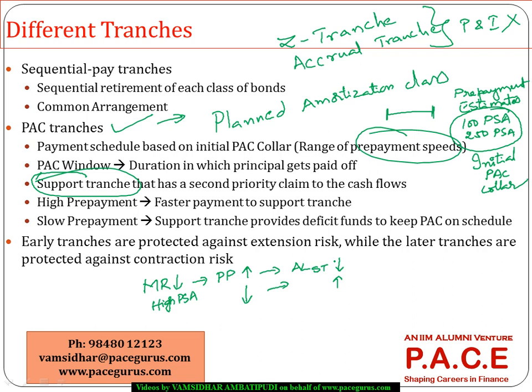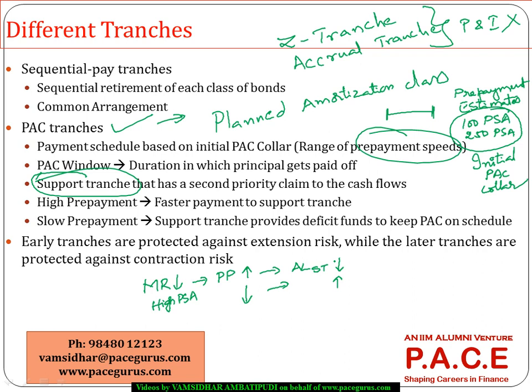If the prepayment speed is increasing, prepayments will increase, and if the PSA is much lesser, the prepayment will decrease. Because prepayments are decreasing, the support tranche might have to fund the pack tranche, which means the average life for the support tranche will be much higher compared to the pack tranche.